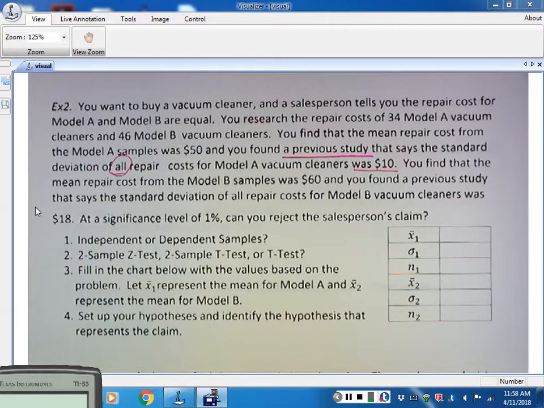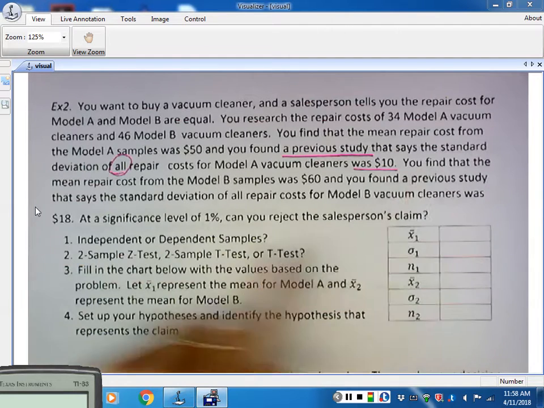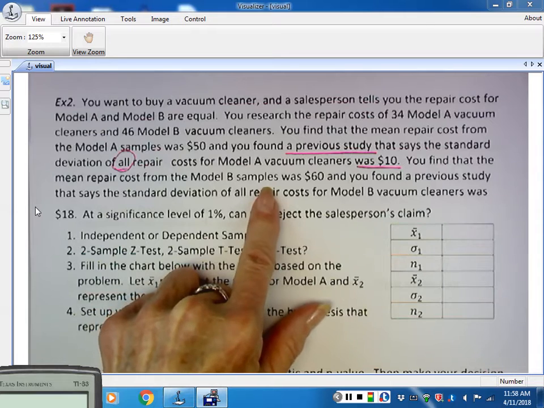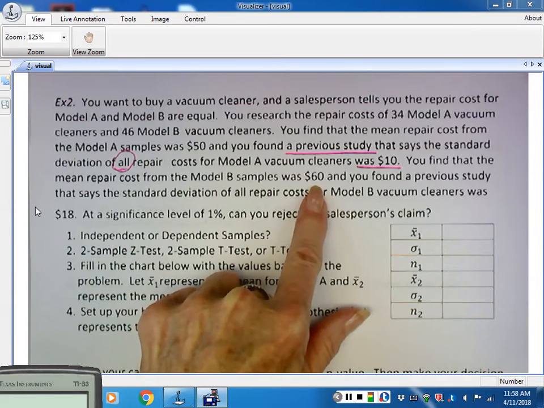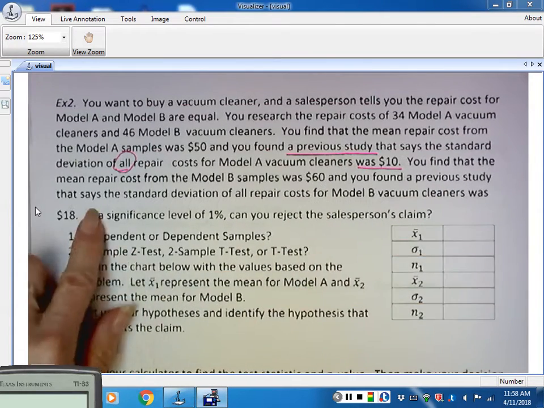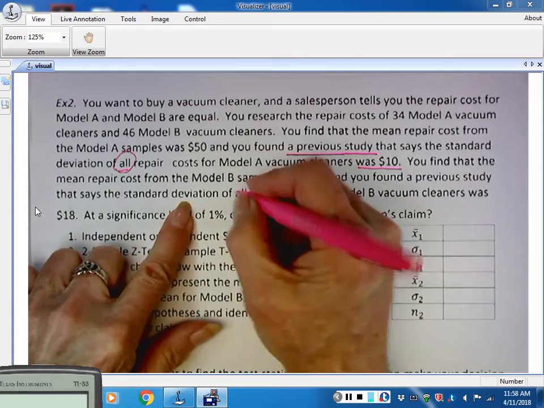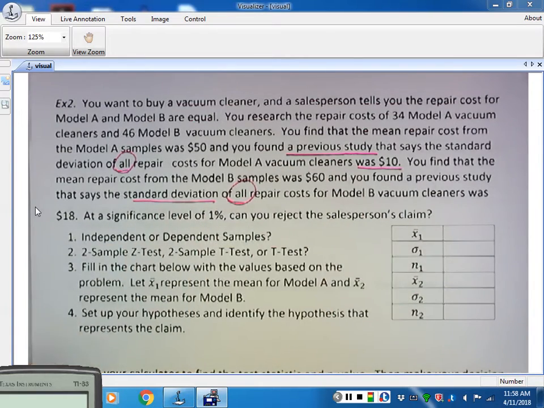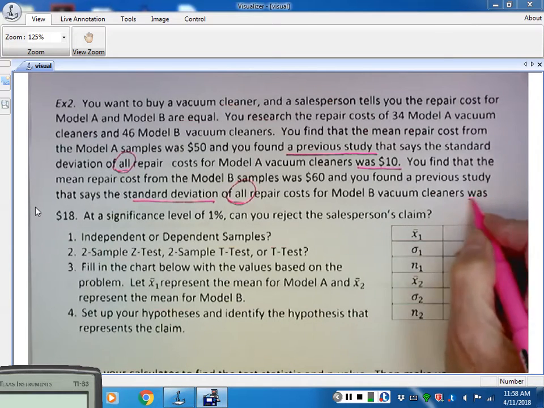Remember that. You find that the mean repair cost for your 46 Model B samples was $60, and you also found information that says the standard deviation of all Model B vacuum cleaners was $18.